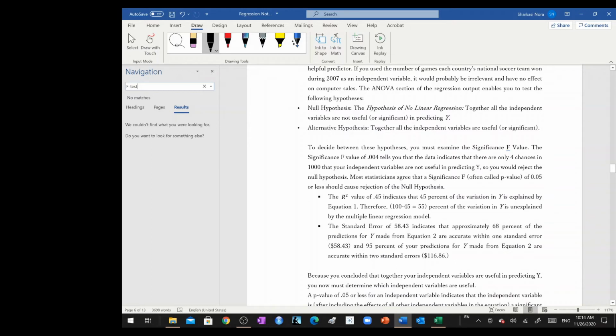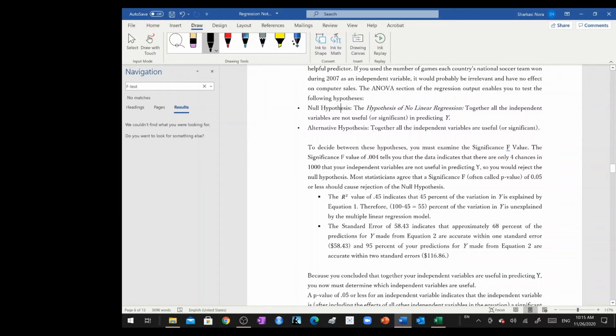So the null hypothesis here is the hypothesis of no linear regression, meaning together all the independent variables, this is more for the multiple regression, all the independent variables are not useful or significant in predicting Y. And we want to refute this null hypothesis.